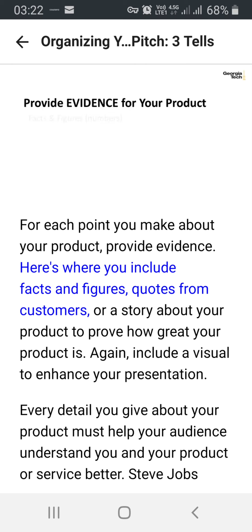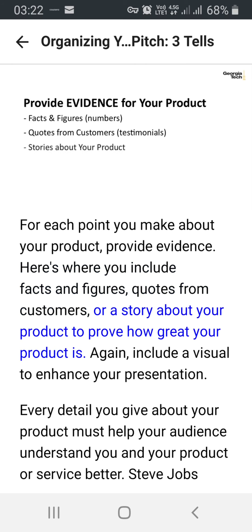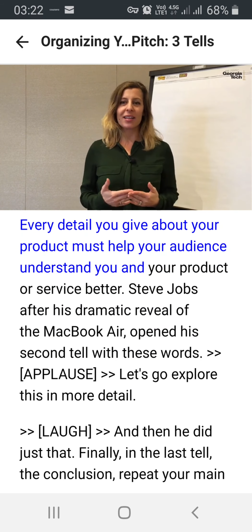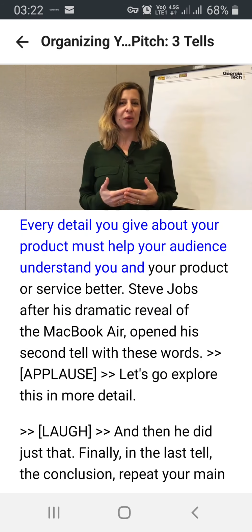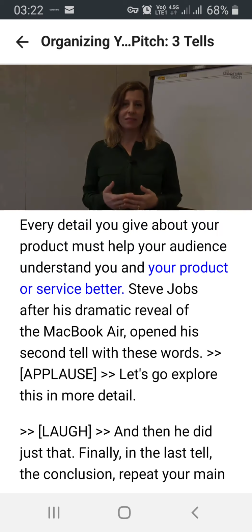Here's where you include facts and figures, quotes from customers, or a story about your product to prove how great your product is. Again, include a visual to enhance your presentation. Every detail you give about your product must help your audience understand you and your product or service better.